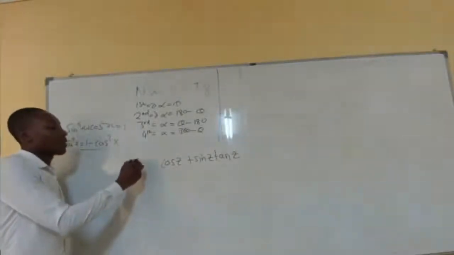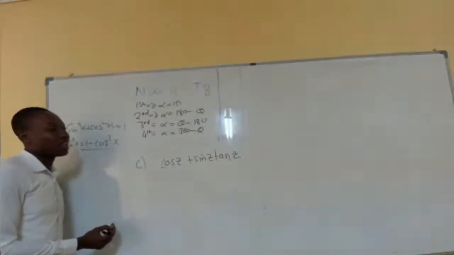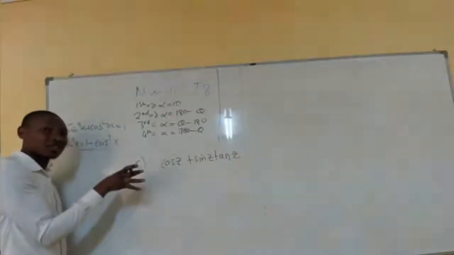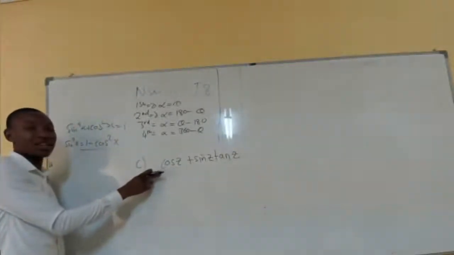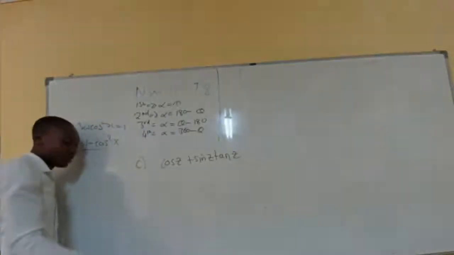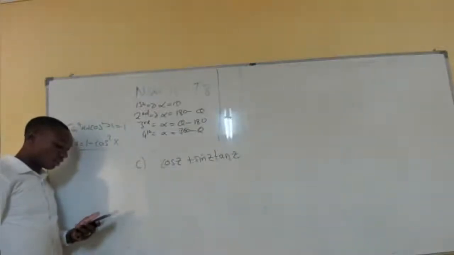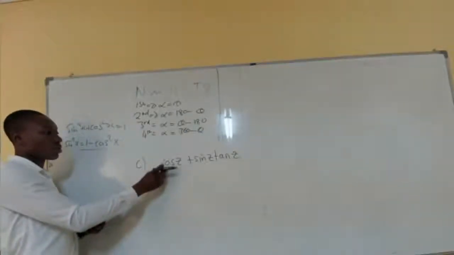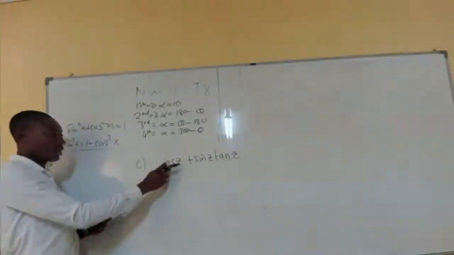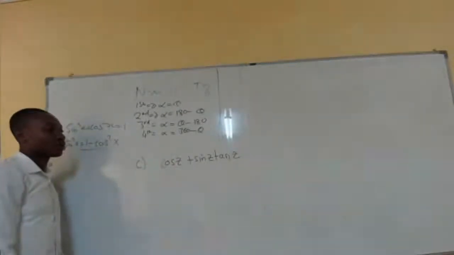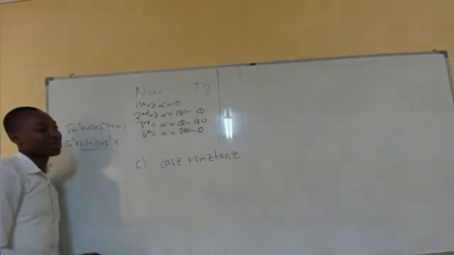Now C is similar to A. It's actually almost exactly like A. The only difference is that here you have sine instead of cos. But now you have sine here, you have cos there. So that's the similarity.